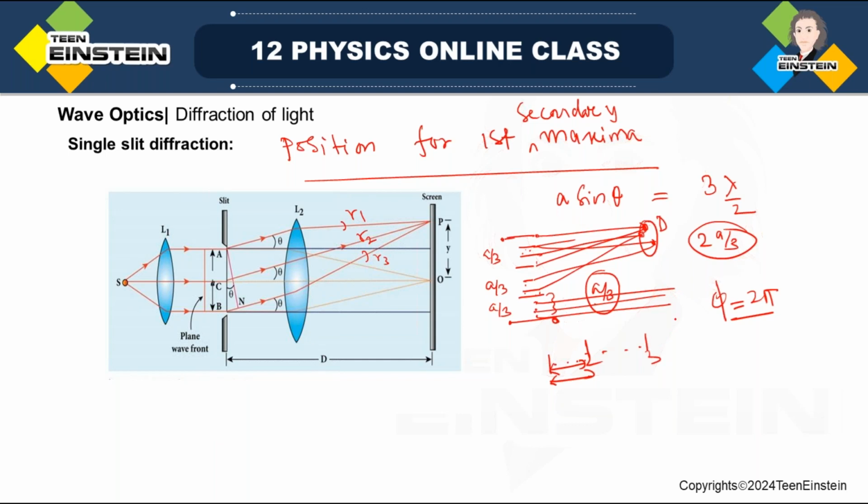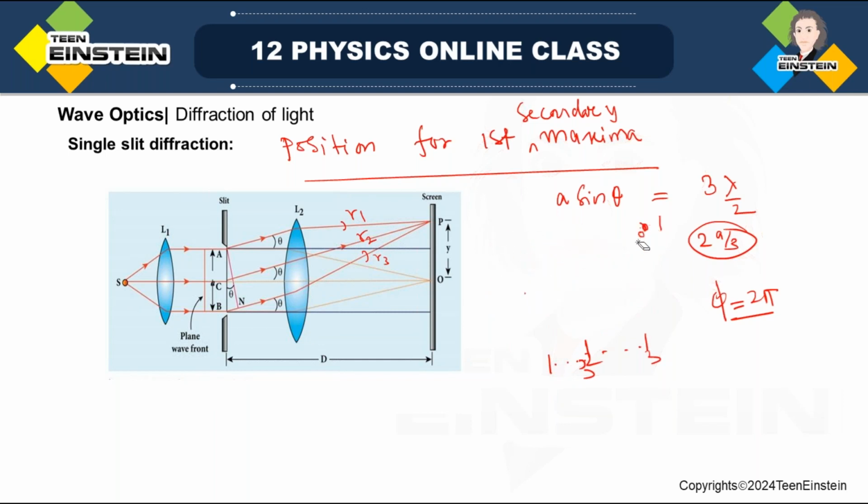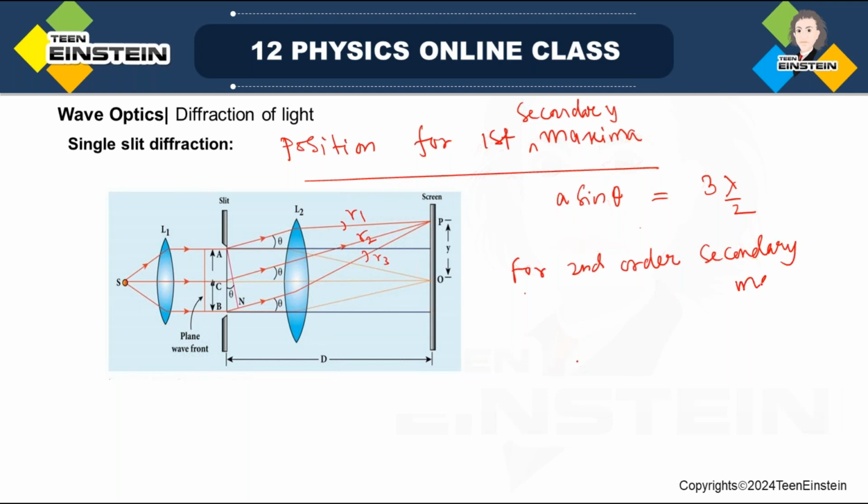Similarly, if we want the second order secondary maxima, what is the condition? The path difference between ray R1 and ray R2 has to be a sin theta equal to 5 lambda by 2.